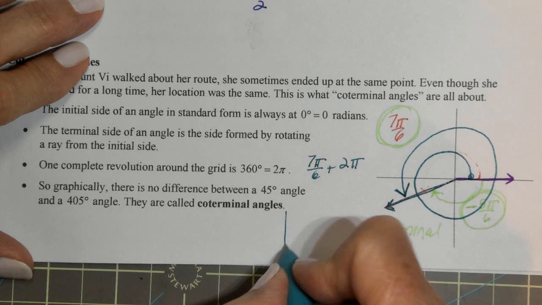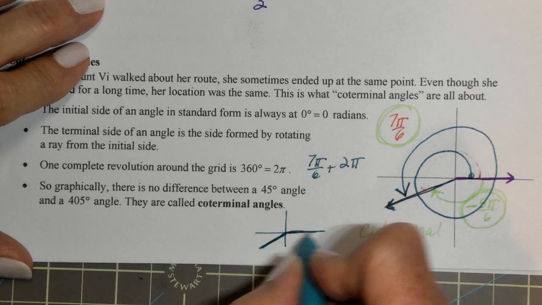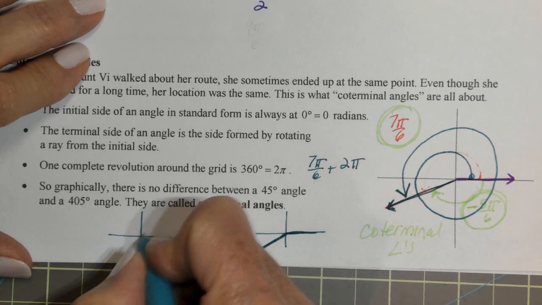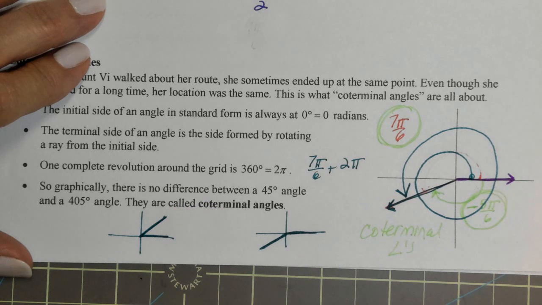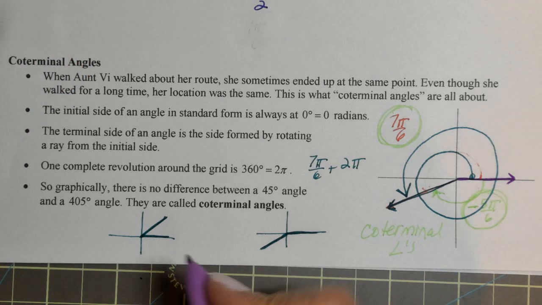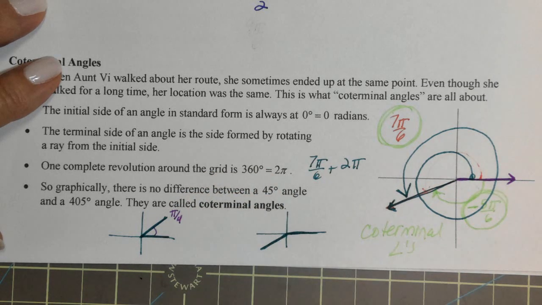If I just showed you this and said name that angle, there are an infinite number of answers to that question. One of them, the most obvious, would be like pi over 4. I'd say, okay, that angle is pi over 4.